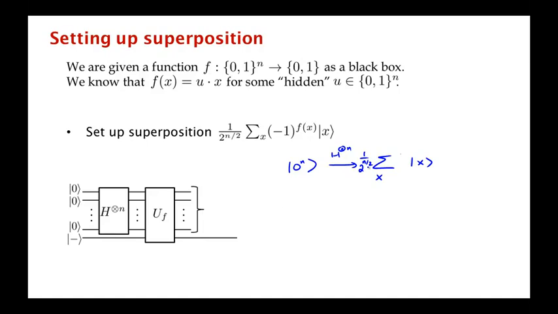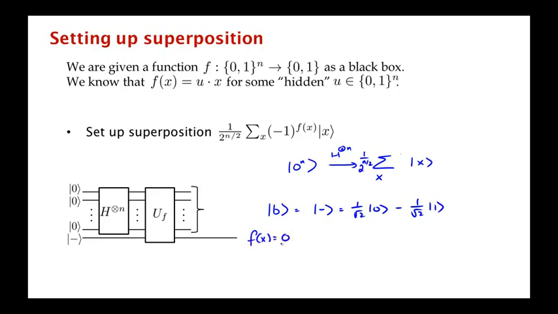Okay, so the answer bit b is in the state minus, which is 1 over square root 2, 0, minus 1 over square root 2, 1. Now, okay, so what happens if f of x equal to 0?